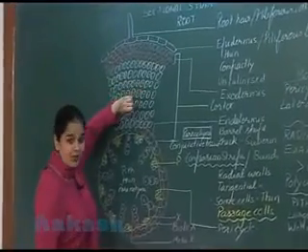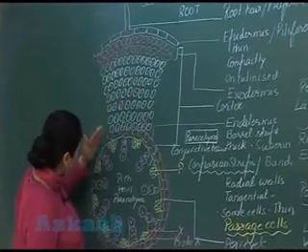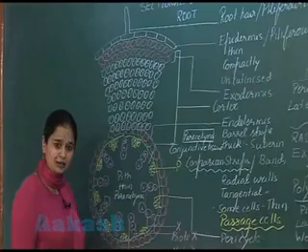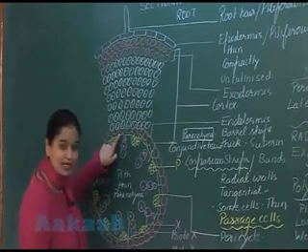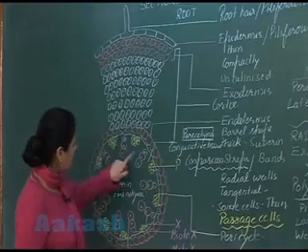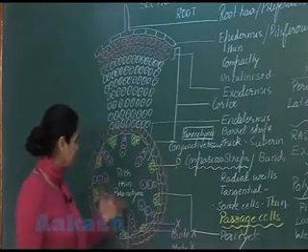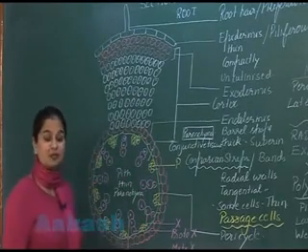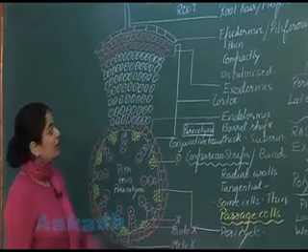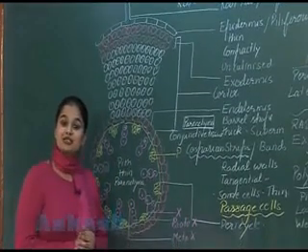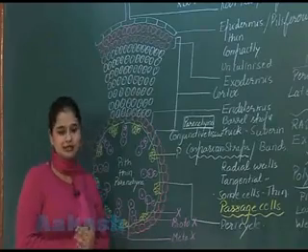Middle layer is parenchymatous, and this thick single layer, that is endodermis. फिर ये जो मैंने बनाया, this is pericycle. These are vascular bundles, and in the center there is presence of pith, which is generally parenchymatous in nature. Now, after looking into the sectional study of the root, let's start with the stem now.